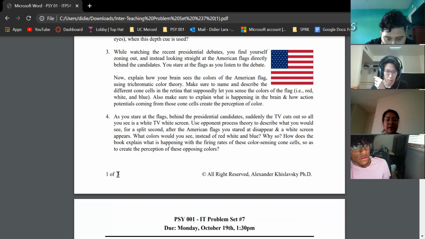For four, what I got, I put when staring at the white screen on TV, when it is seen for a split second after the flash appears on TV, we will see the color green besides white, blue, and red. This is because the brain interprets the reduction in firing as presence of green.